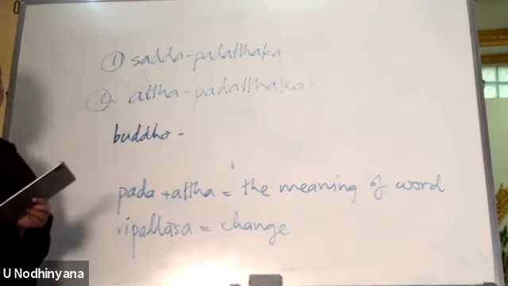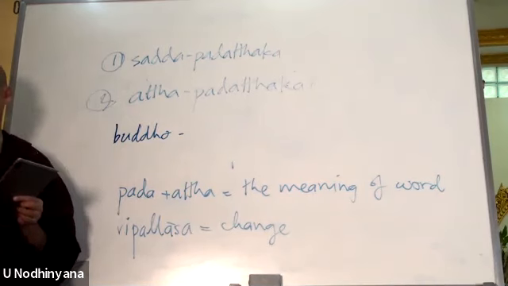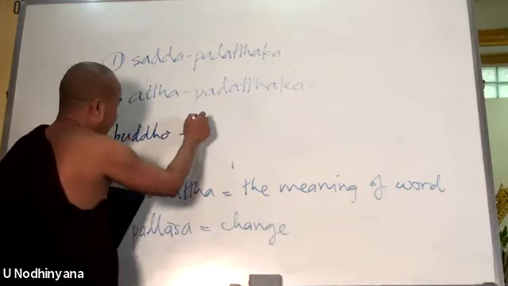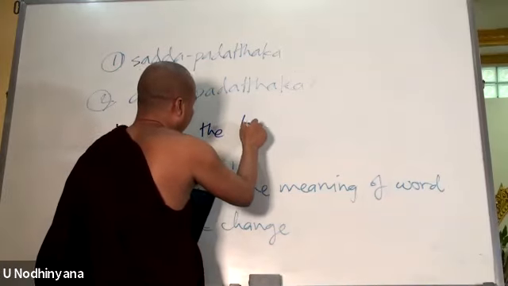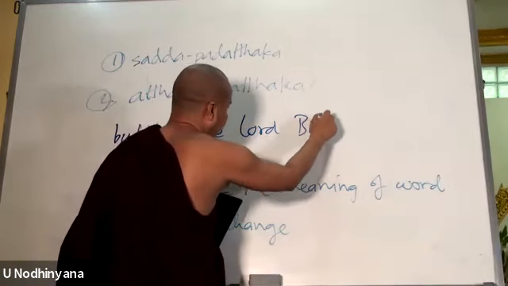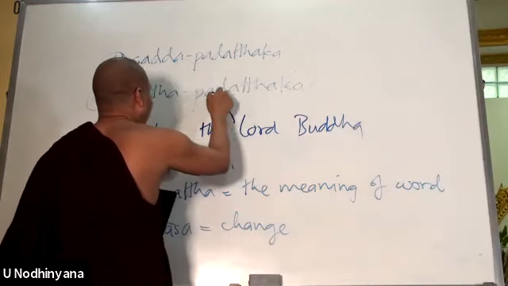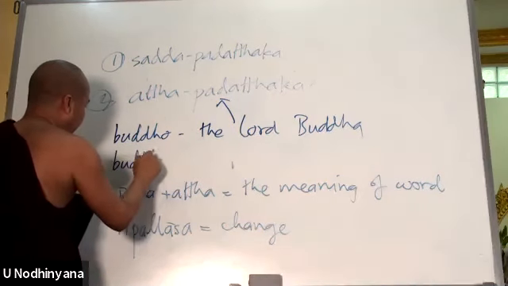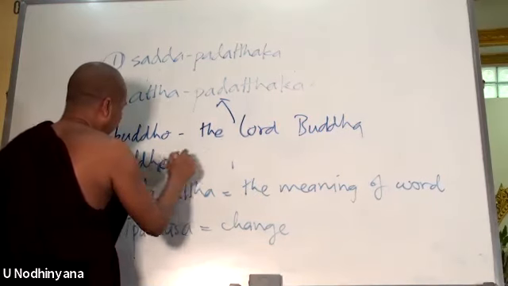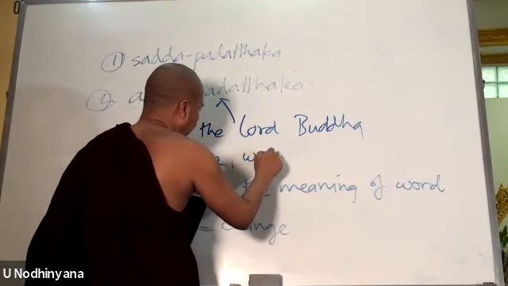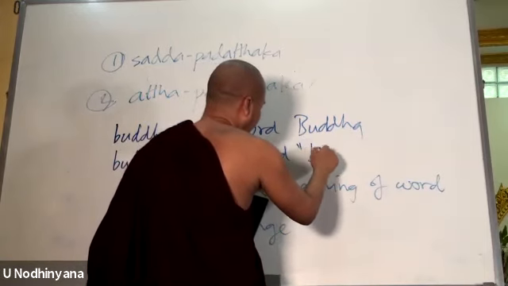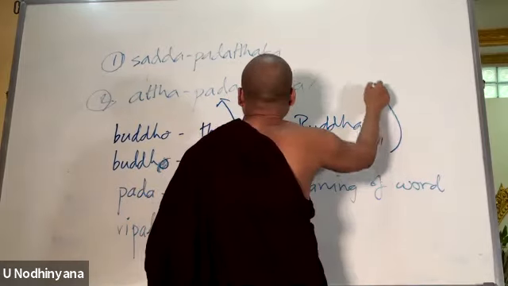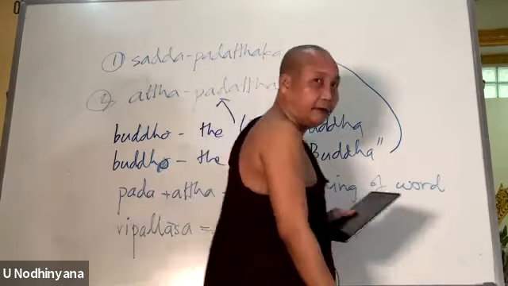Buddha. If you translate, Buddha is the Lord Buddha, the blessed one. It is called attha paṭṭhaka. This Buddha also you can translate, if you translate like a Buddha, it is saddha paṭṭhaka.